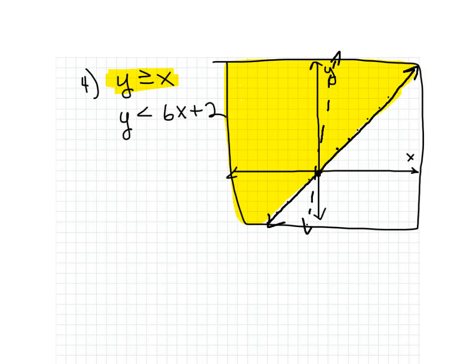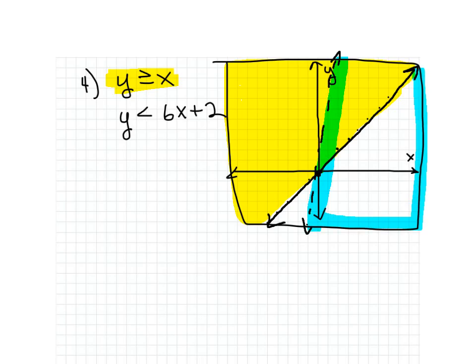Okay. And the other one says that y is less than 6x plus 2, so that would be everything going below along the border with the dotted line.